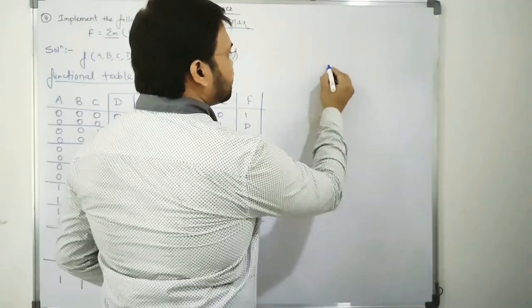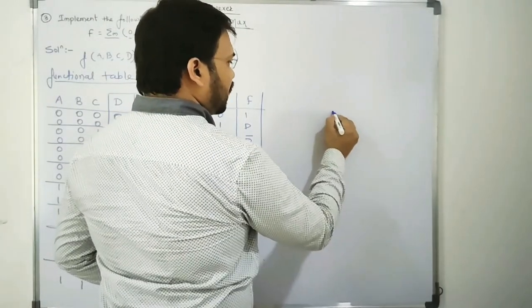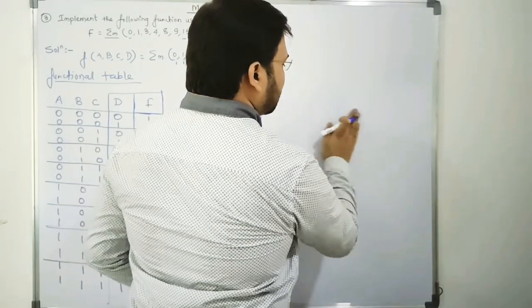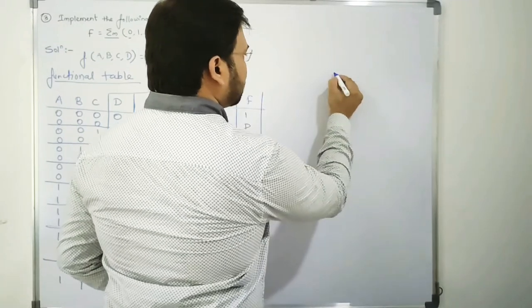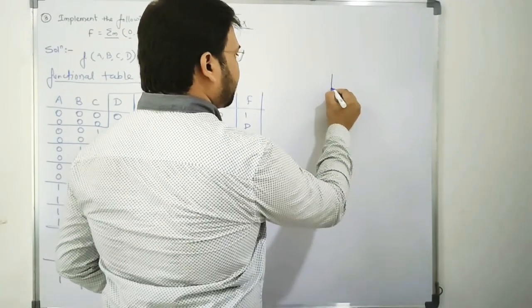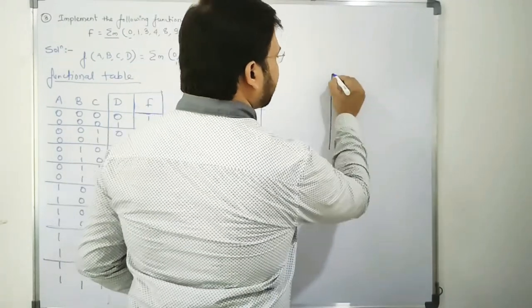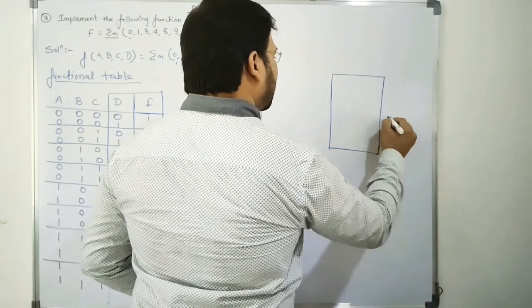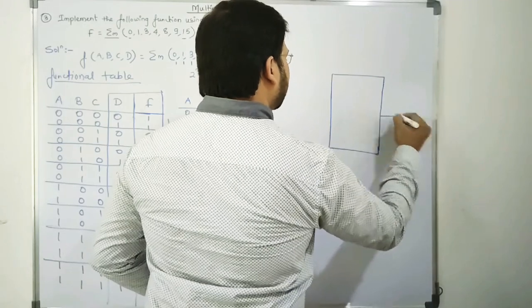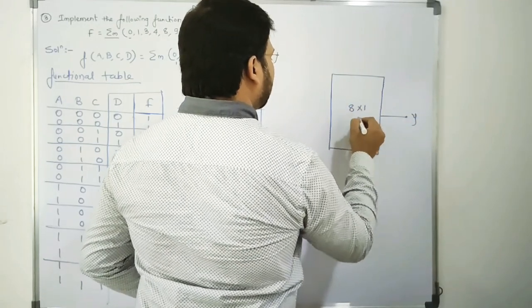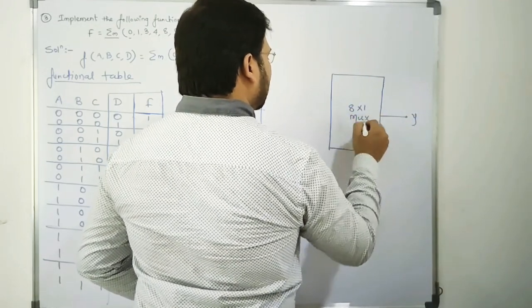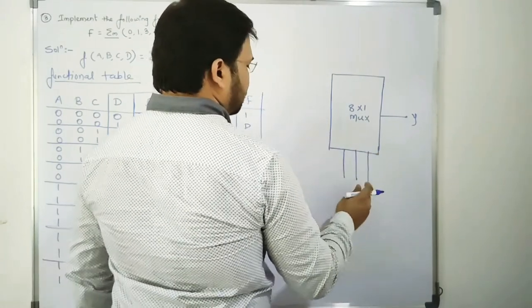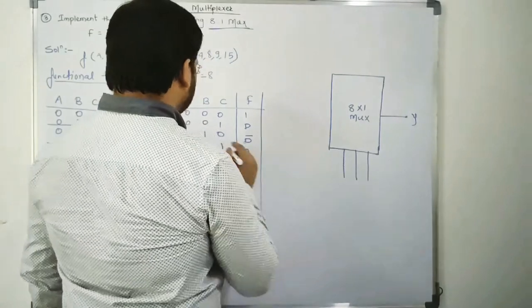Now here we have to draw the 8:1. Here the output is Y, and the 8:1 has select lines, 3 of them.